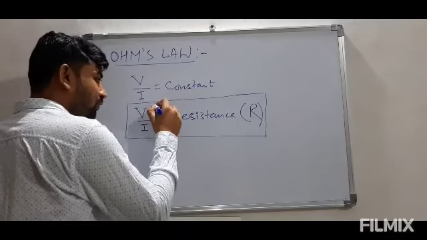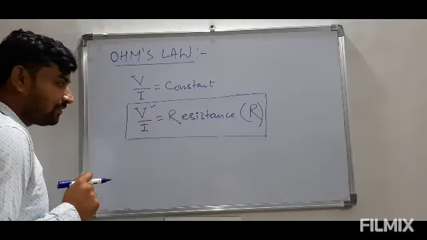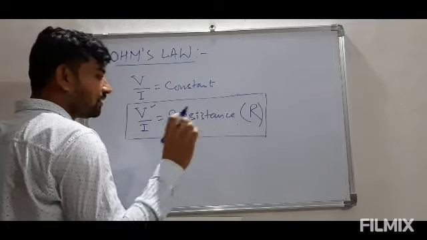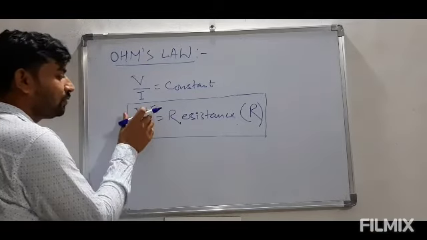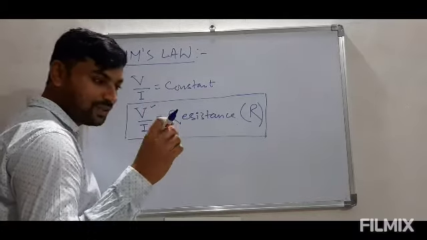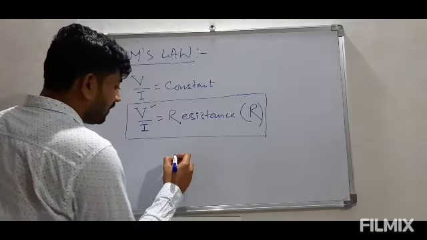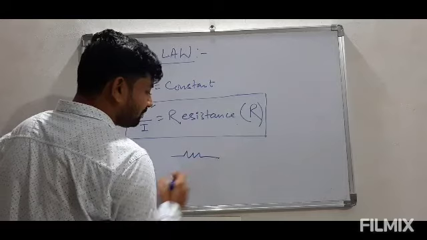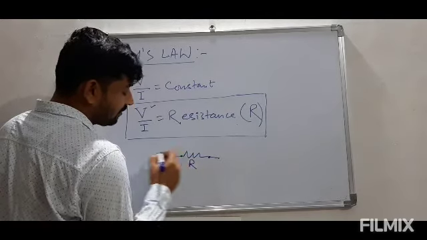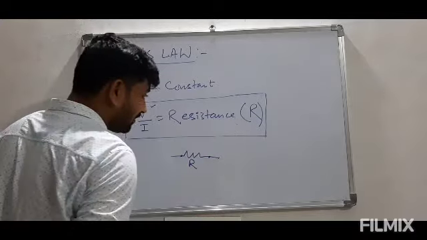In whatever proportion we increase the value of voltage, the same increase will be seen in the value of current through the circuit. So that is why the numerical ratio V upon I will always be constant for that circuit. What does it mean? If we take any conductor, the resistance. Now what is the meaning of this resistance?